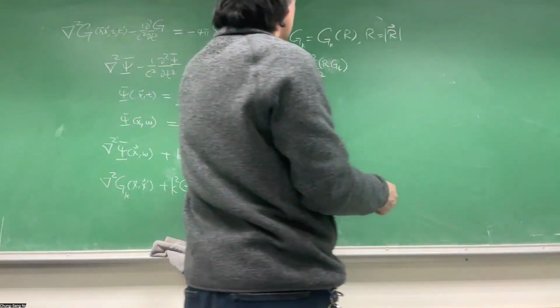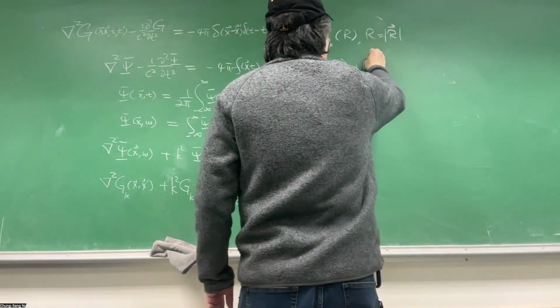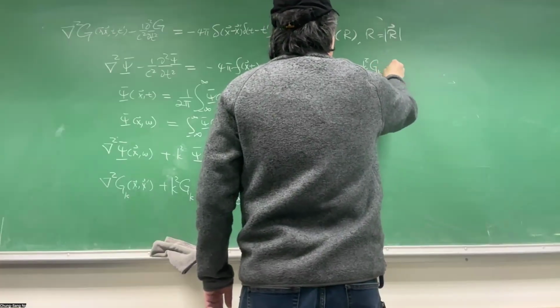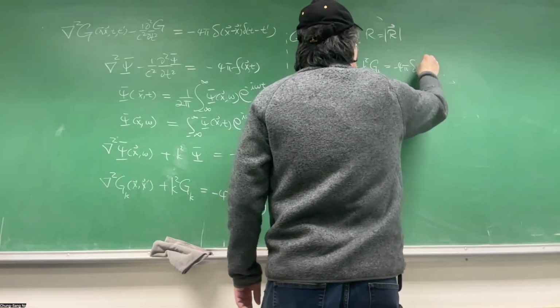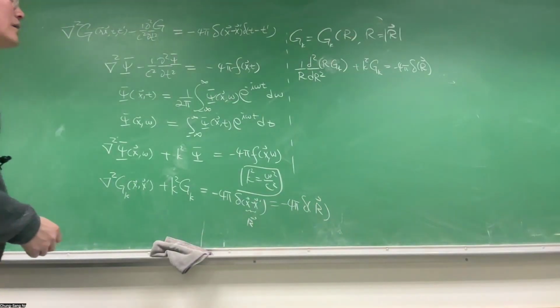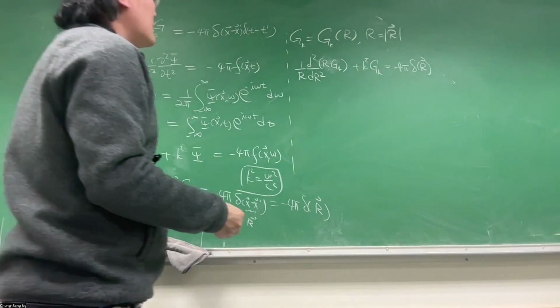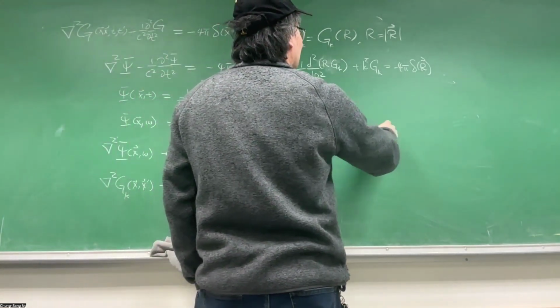This term becomes this one, and then plus k squared G, that equals minus 4 pi delta function of R.